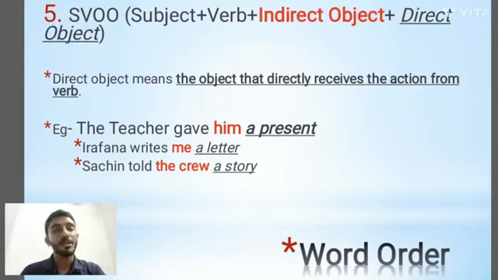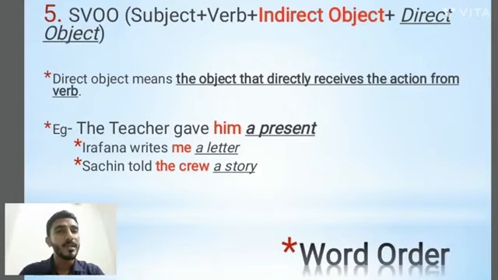Let's check one more example given in your text. Sachin told the crew a story. How can we classify it, or divide it based on the pattern rule? Sachin, subject; told, verb; the crew is indirect, and a story is direct. Why is it so? Told raises a question: what? What did Sachin tell to the crew?